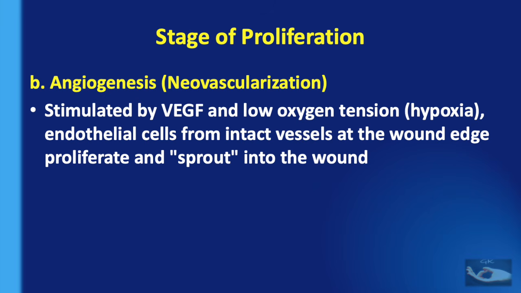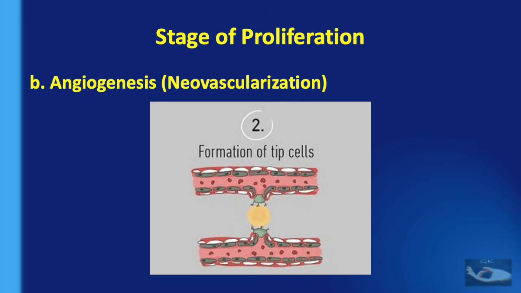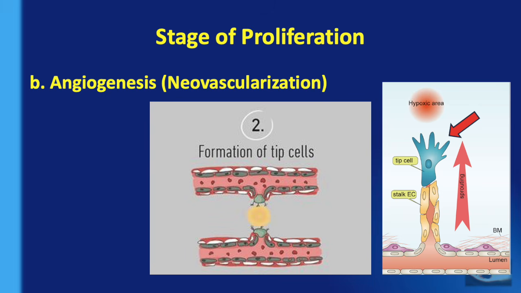This step is actually stimulated by the vascular endothelial growth factor and low oxygen tension or hypoxia, and the endothelial cells from the intact vessels at the wound edge proliferate and start sprouting into the wound. So when the vascular endothelial growth factor stimulates endothelial lining of the intact vessels, sprouting occurs headed by the tip cells.